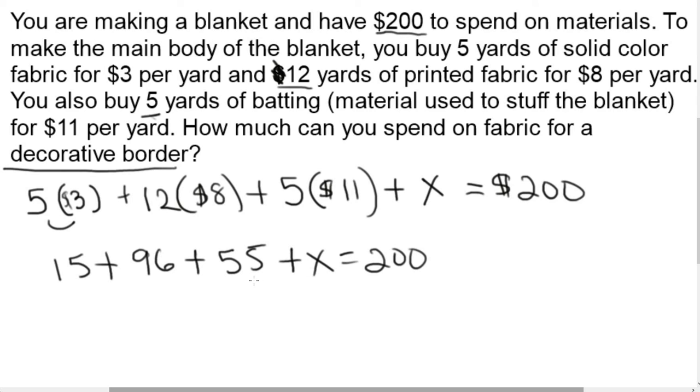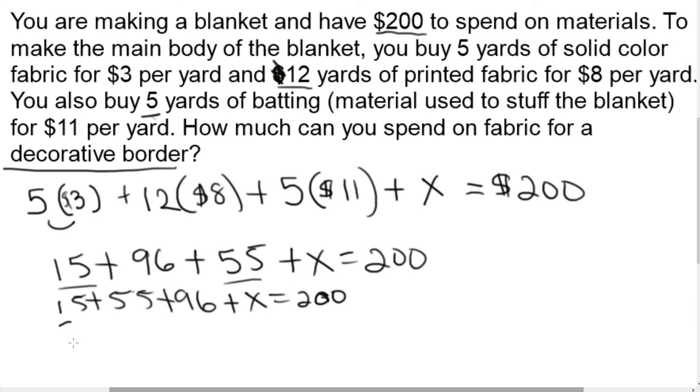I'm going to regroup these. I'm going to combine the easy numbers together. So I'm going to go 15 and 55 plus 96. Associative property of addition, so I can move these numbers around without changing the problem. 55 plus 15 is easier to add together than 55 and 96.